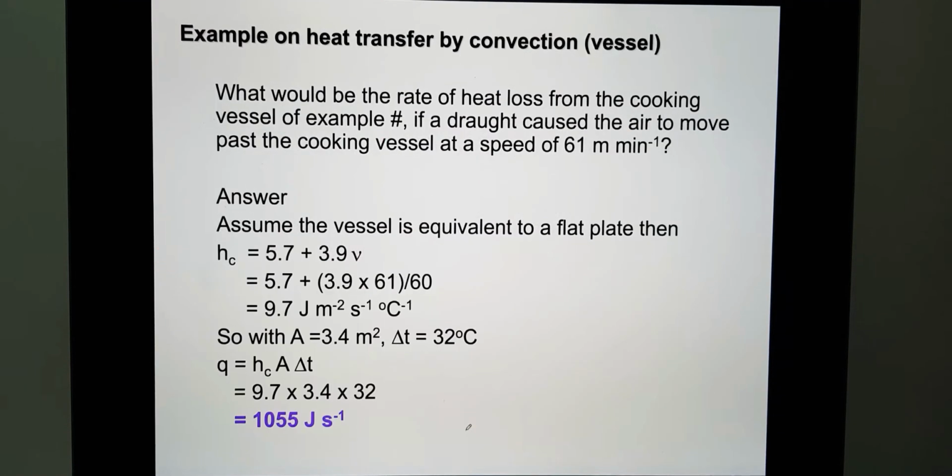Alright, now let's move on to the next example. Example of heat transfer by convection, and this one uses a vessel, just now it was a jacketed kettle. What would be the rate of heat loss from the cooking vessel of the previous example? This is meant for the previous example.